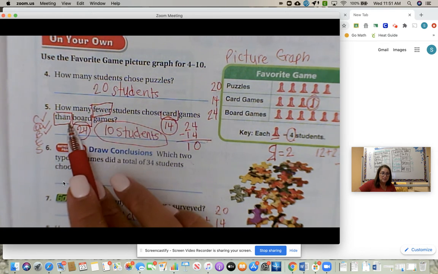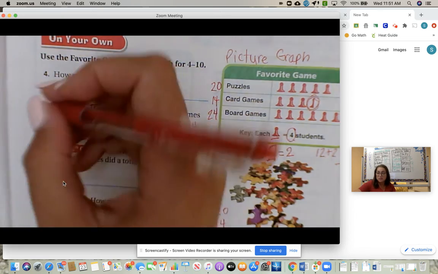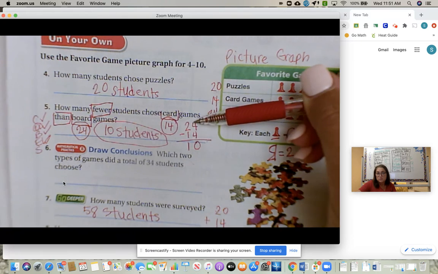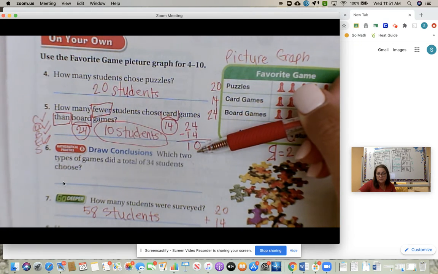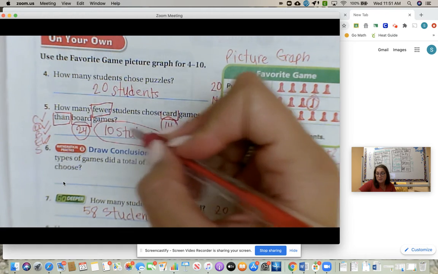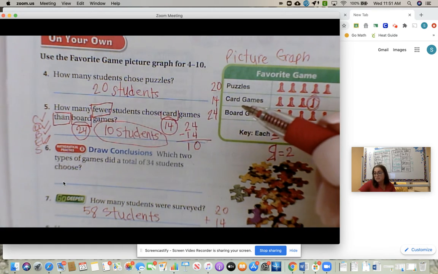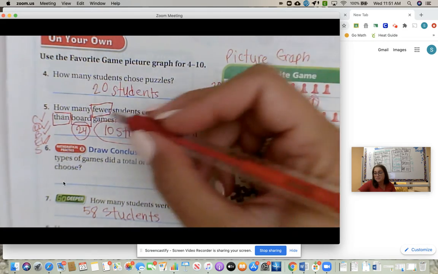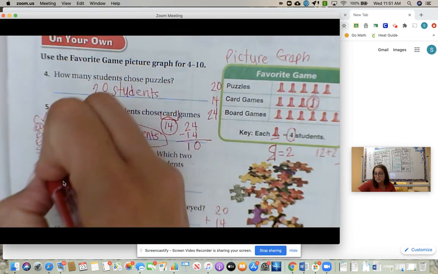We have fewer and than. Fewer and than is subtraction. So we are going to subtract. We're going to do 24 subtract 14, which is 10. So we solved it, and then 10 what? 10 students chose card games over board games.